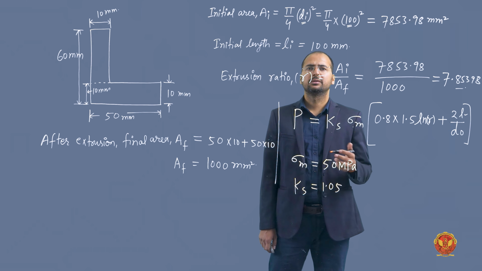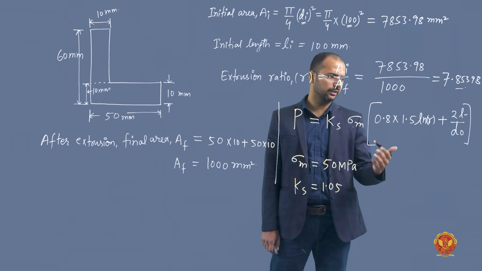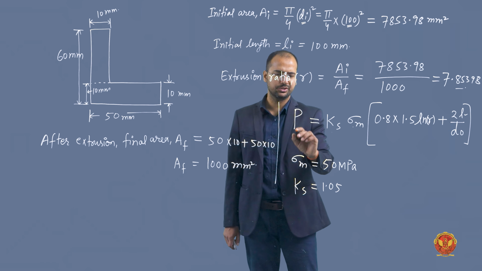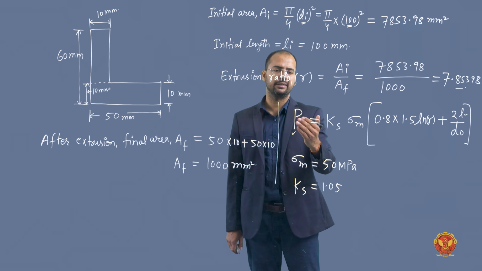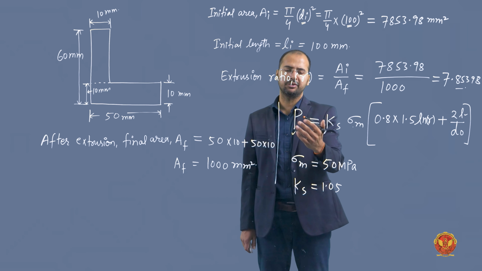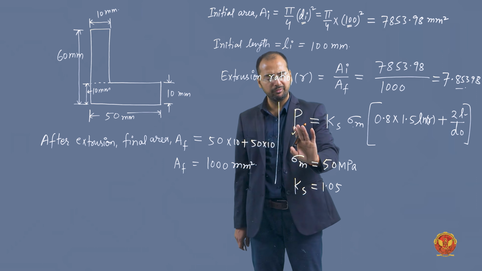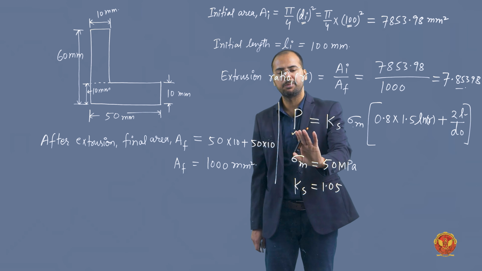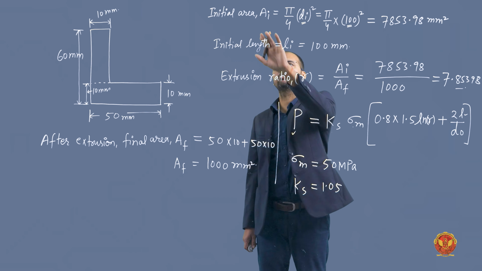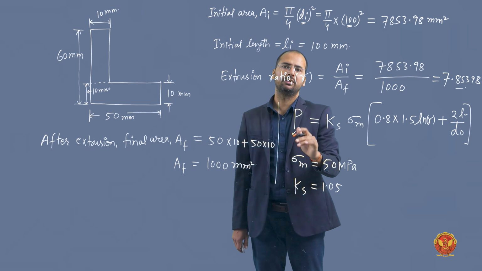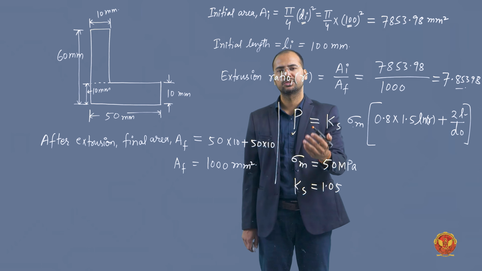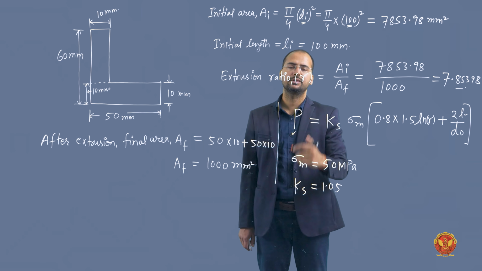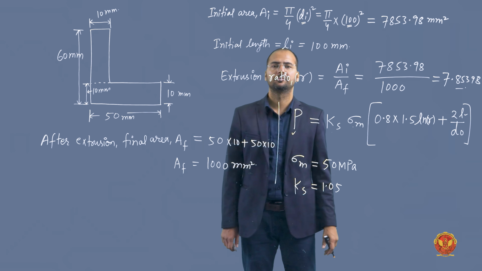So first of all we will be finding this total extrusion pressure. When we find this pressure, then by multiplying it with the initial area, we will be able to find out the force required at the start of the extrusion.